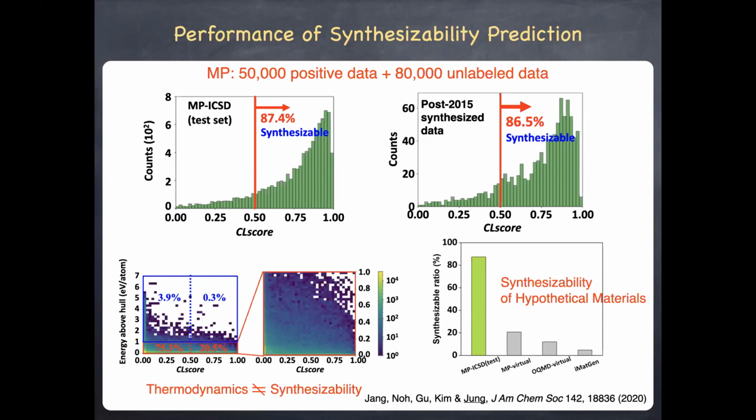However, as you can see here, many of the structures that are thermodynamically stable still have very low synthesizability scores, meaning that they might not be synthesizable. So synthesizability is related to thermodynamics, but is beyond that. There is something more than that.